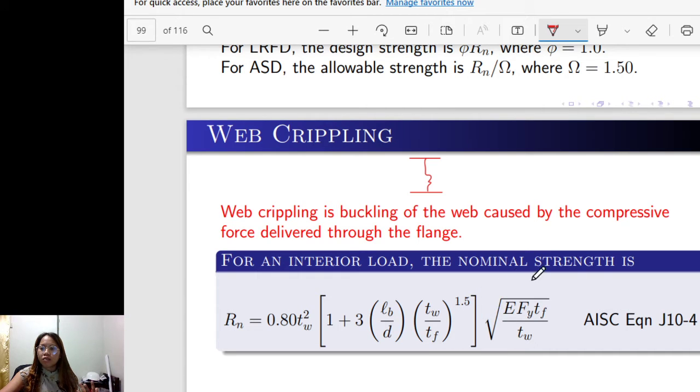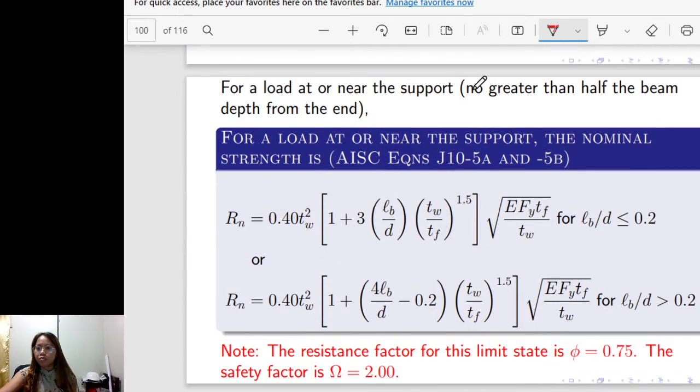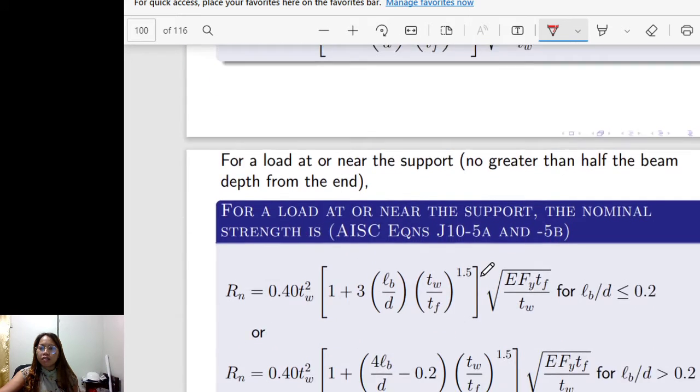Then close parenthesis, times the square root of E, the modulus of elasticity, times F sub y, the yield strength, times the thickness of the flange over the thickness of the web. That was for the interior load, not at the support.